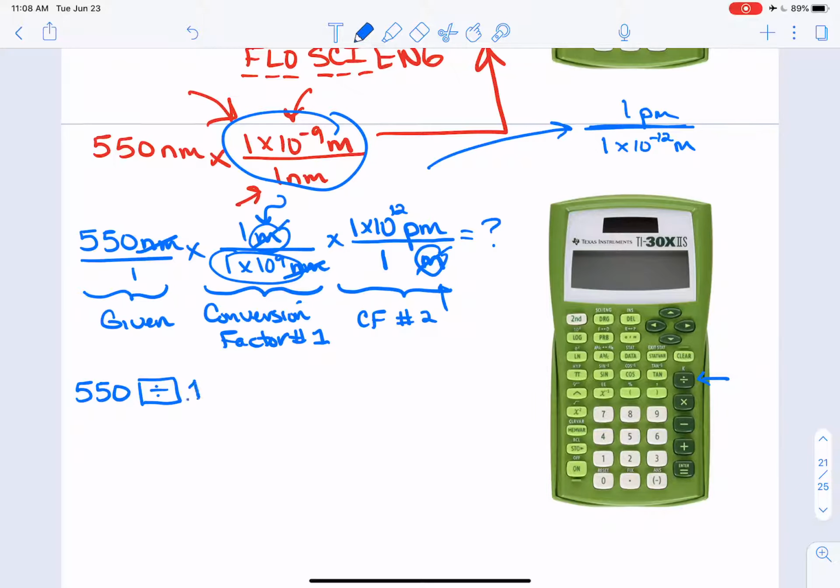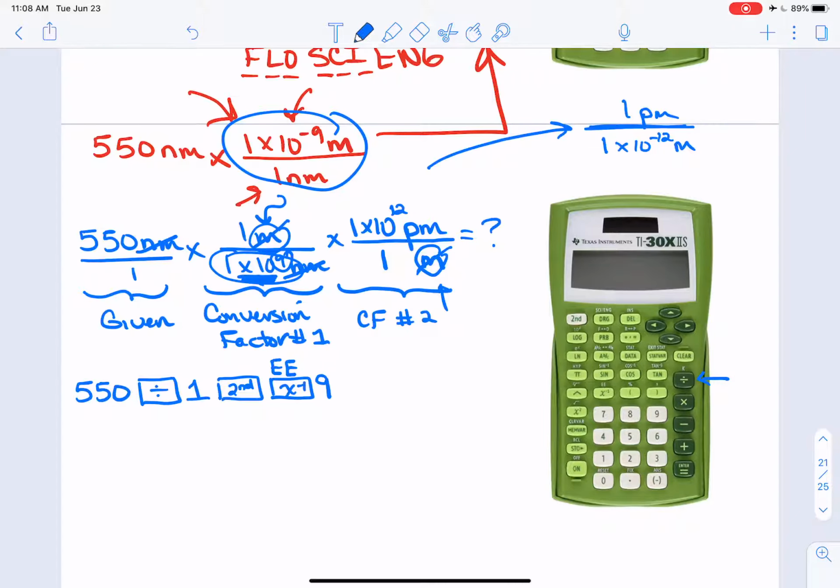So we'll type in 1, and then in order to get times 10 to the, we're going to do second, and then hit x to the negative 1 because what we're after is the EE. Because again, the EE means times 10 to the, and then we'll hit 9 because the 9 is right there.